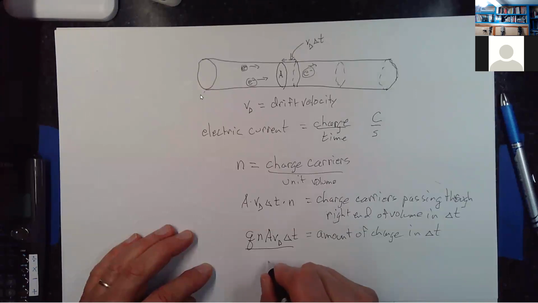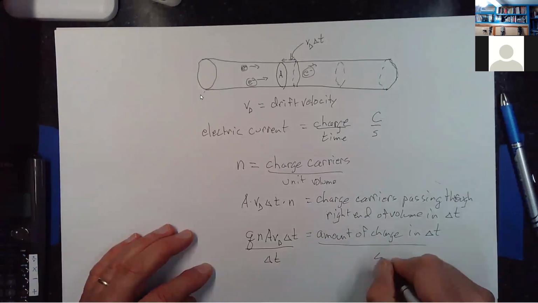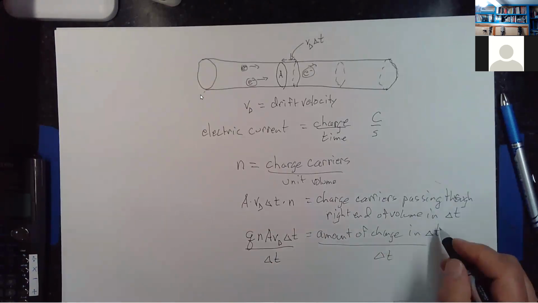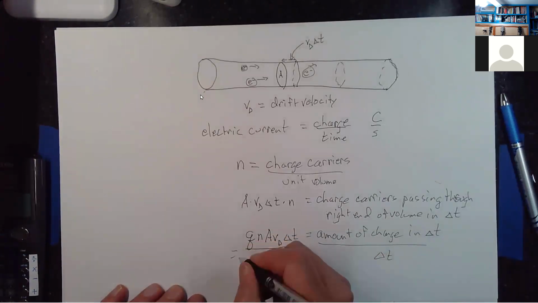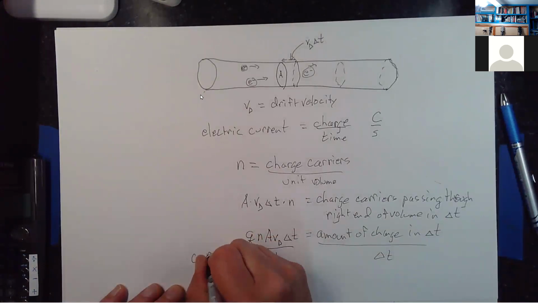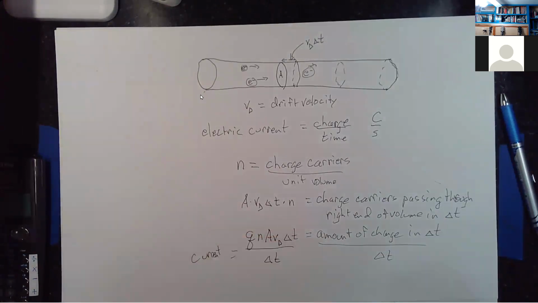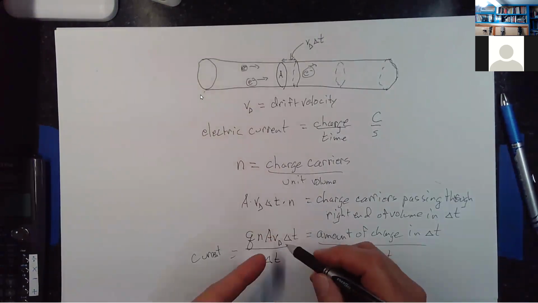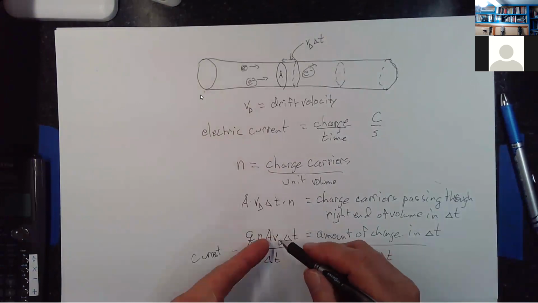And if I divide that by delta T, I'll have the current. Except, let's see, A V sub D, this will be volume per second.